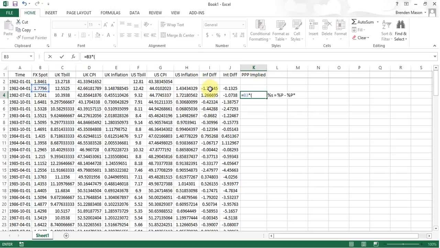This is the percentage change by how much it would change. So 1 plus this divided by 100 gives us this forecast here.